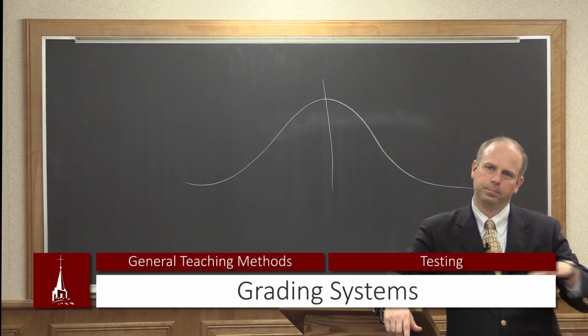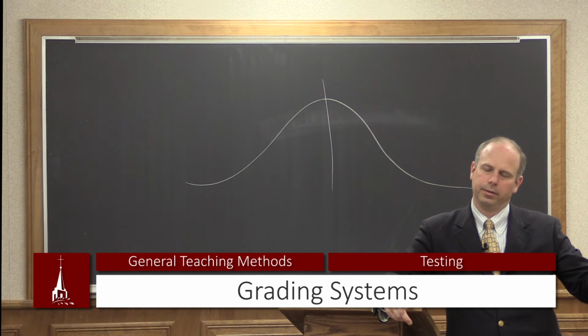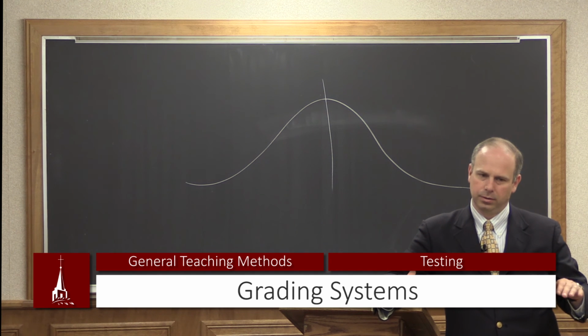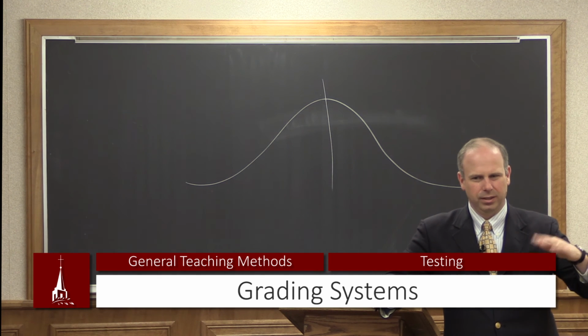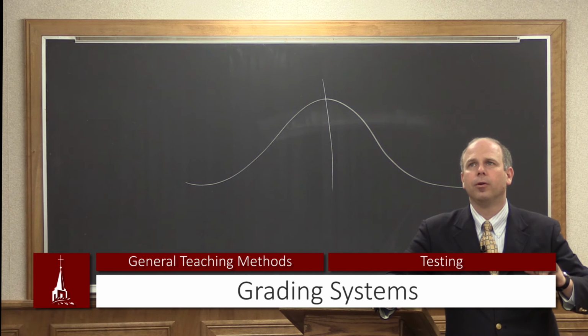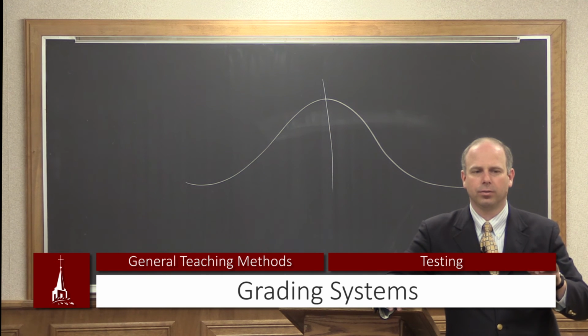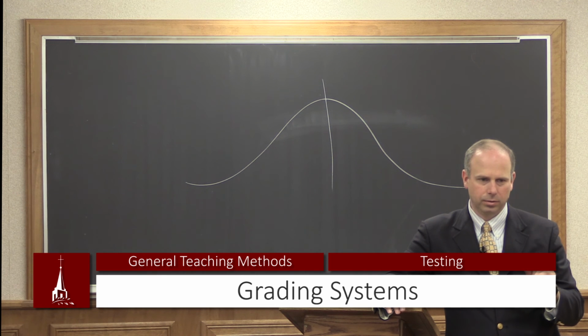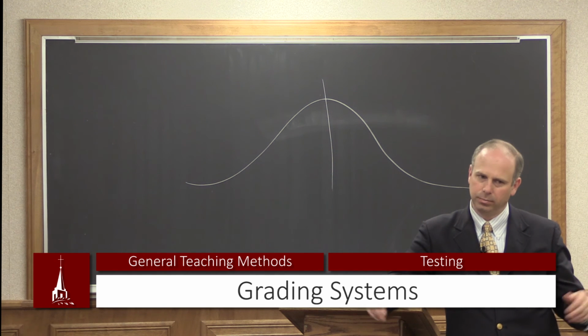But a point system can help even out, what would that be? Reliable or valid? Maybe invalid scores. They don't actually represent what the student knows. A point system can.